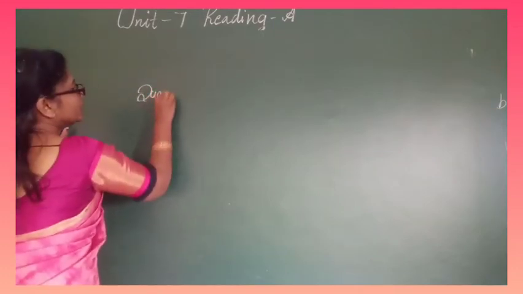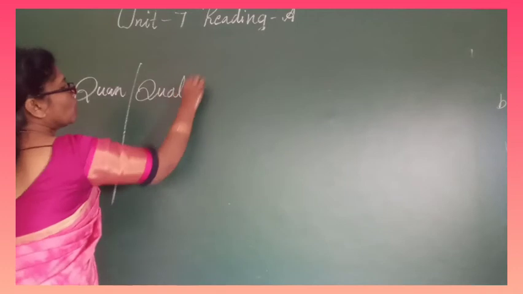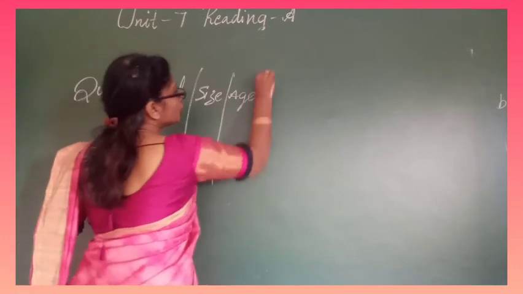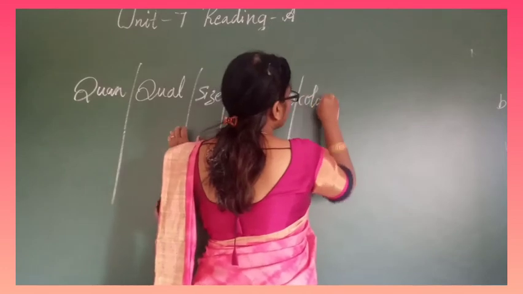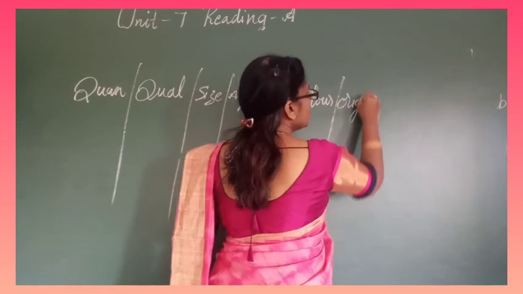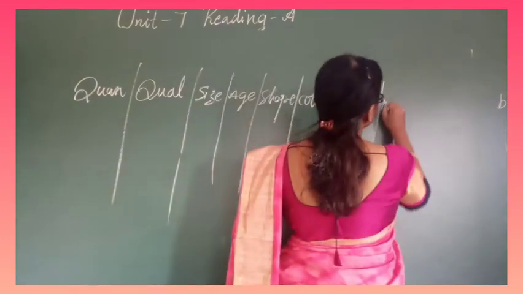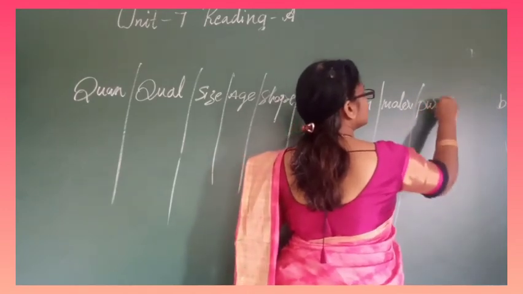Now I'm going to show you. Quantity, QUAN. Let me start from here. Quantity, then quality, then size, then age, then shape, then color, then origin, then material, and then purpose.